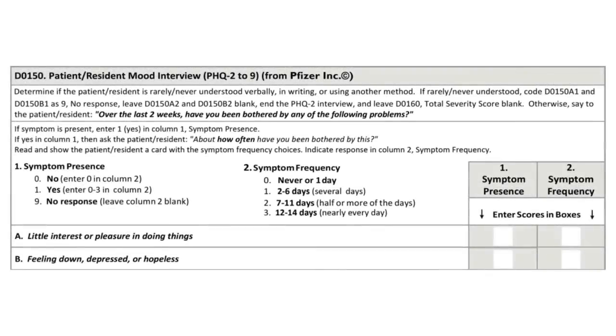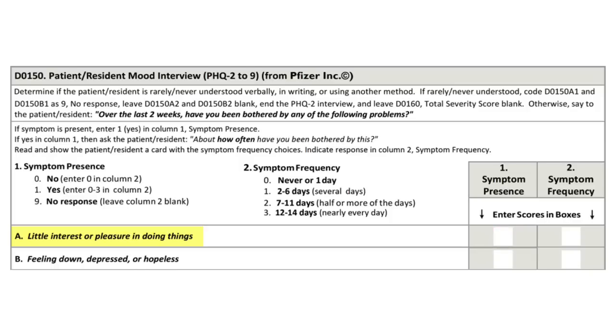Now that you have watched the video, let's code the mood interview for Mr. Mason. How would you code symptom presence for D0150A1, little interest or pleasure in doing things? 0, no. 1, yes. 9, no response.